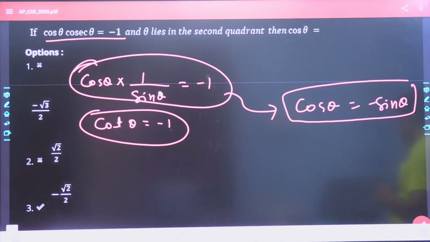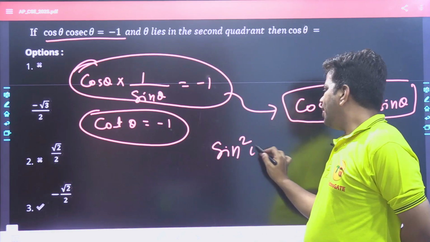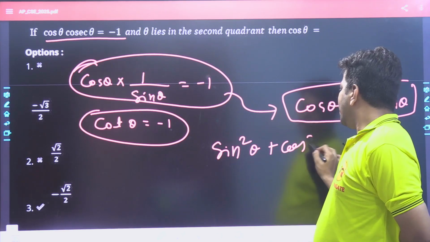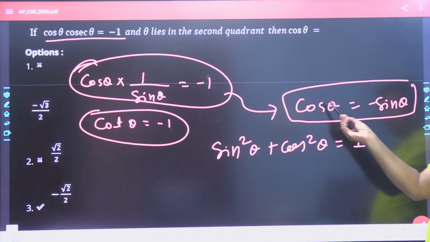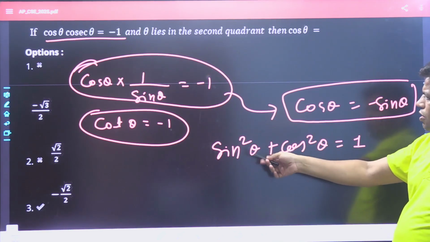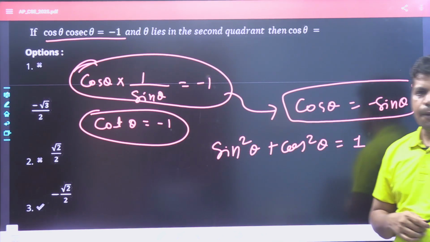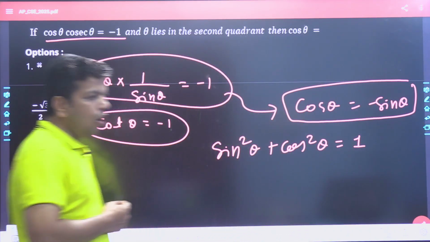Now as we know the identity sin squared theta plus cos squared theta, at the place of that, cos theta squared becomes what? It's cos theta only.